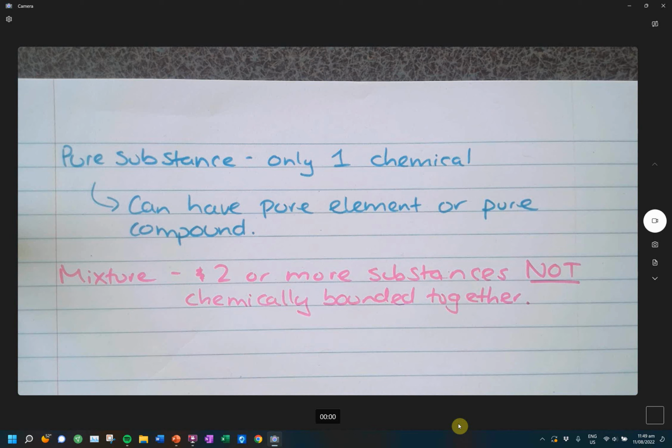Let me give you some examples of different forms of mixtures. I'm going to abbreviate things as E and C: E for element, C for compound.